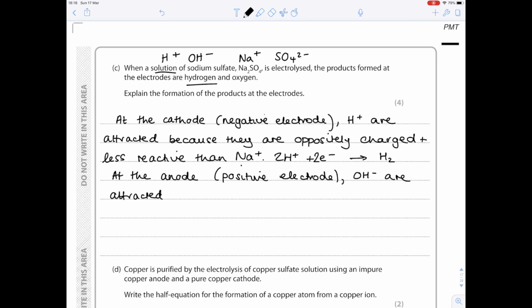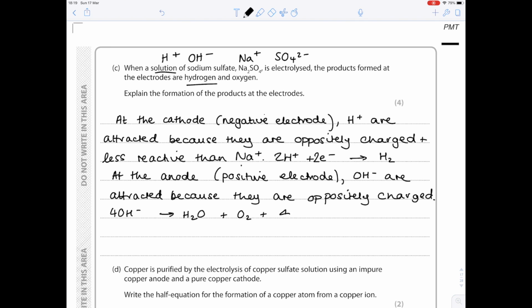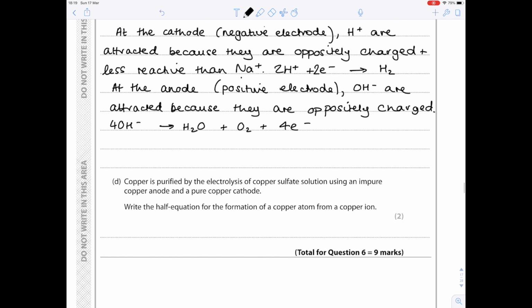Well, for the same reason as before, because they are oppositely charged. And because this is worth 4 marks, it's worth writing out the equation, which is 4OH minus produces water plus oxygen plus 4e minus. And that is a very full answer indeed.